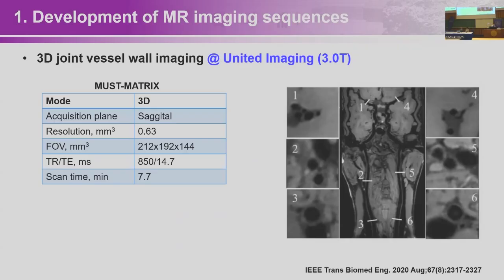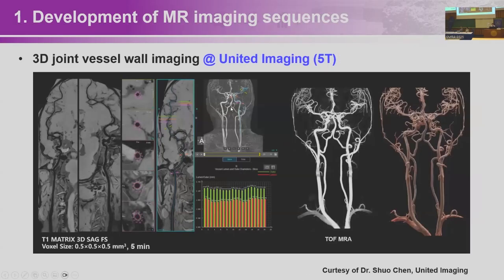We can also speed up the acquisition by using acceleration algorithms. Even on the 5 Tesla MR imaging platform, we can obtain high quality 3D joint vessel images, with a spatial resolution of 0.5 millimeter isotropic and a scan time of just 5 minutes, because in this imaging we utilized an AI-based acceleration algorithm.